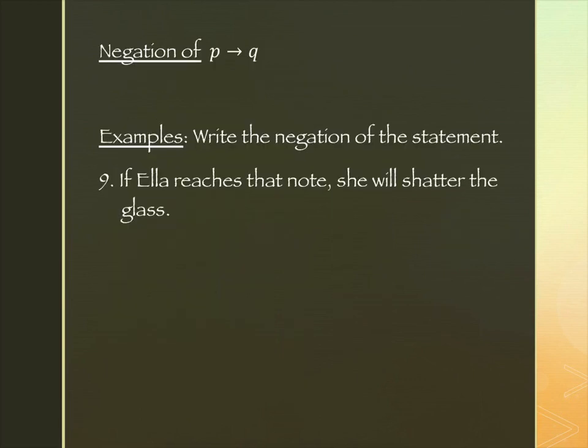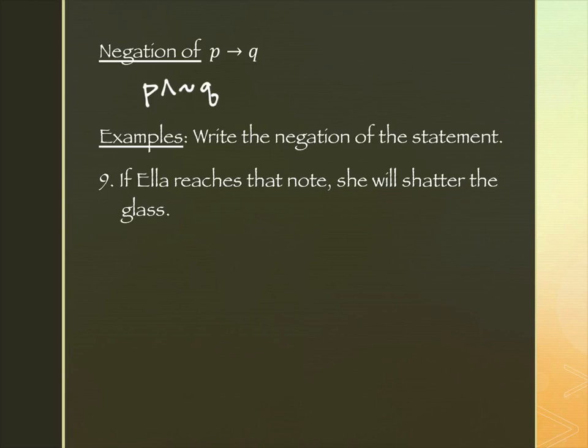Okay, a little bit more. Negation. The negation of P implies Q is P and tilde Q. That's the negation. Okay, remember negation means logical opposite. So let's think about my statement that I gave before.